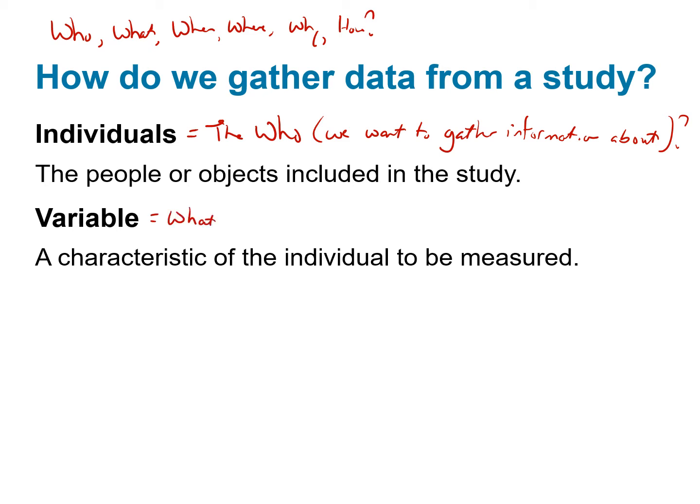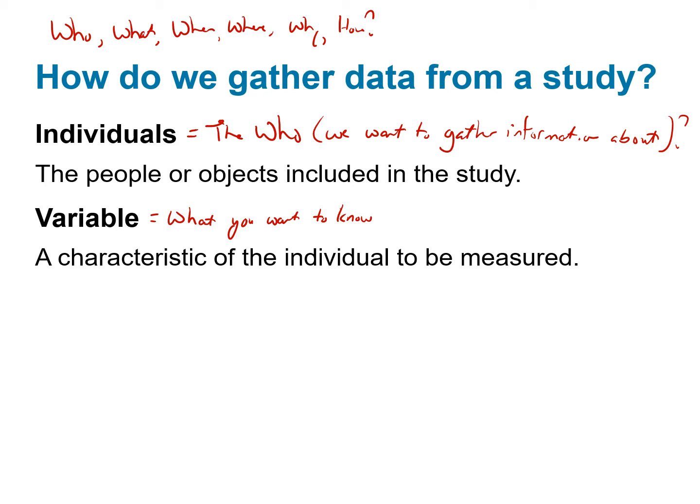It's what you want to measure or what you want to know. It's the information that you want to know. So this is the characteristic of the individual that you're measuring. For example, if I'm doing a study about which car color is most preferred by people, then one variable I would want to measure would be car color.